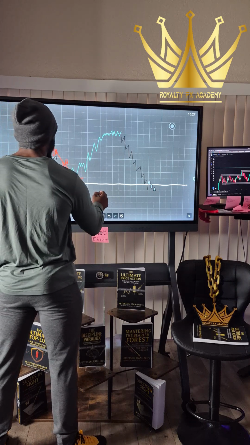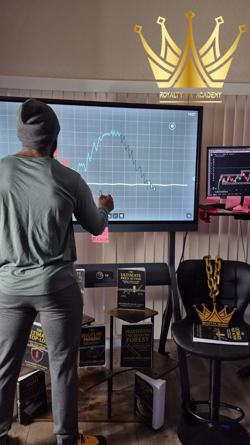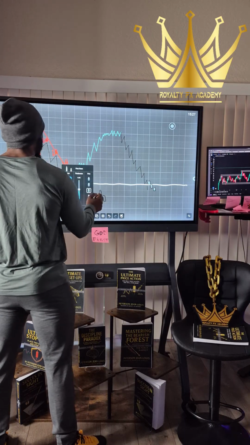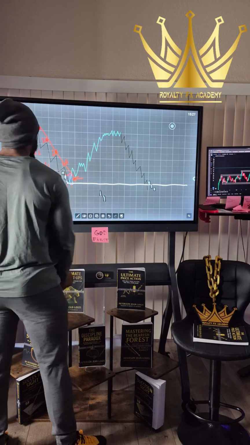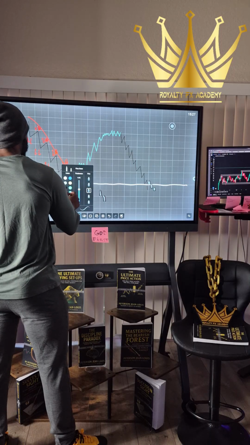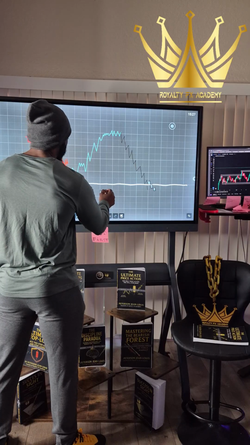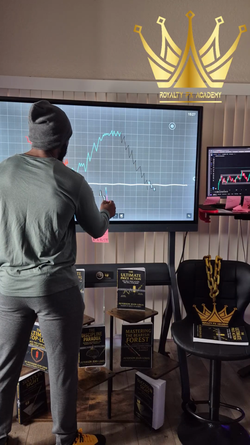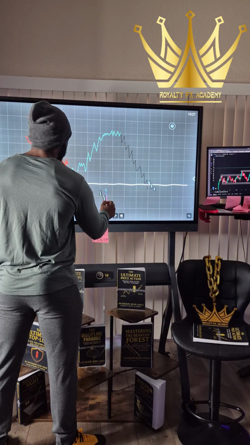So we know we have this, okay? These right here are all bearish candles, right? These are bearish candles. And the bullish engulfing that we got looks something like this. Hold up. Look something like this.